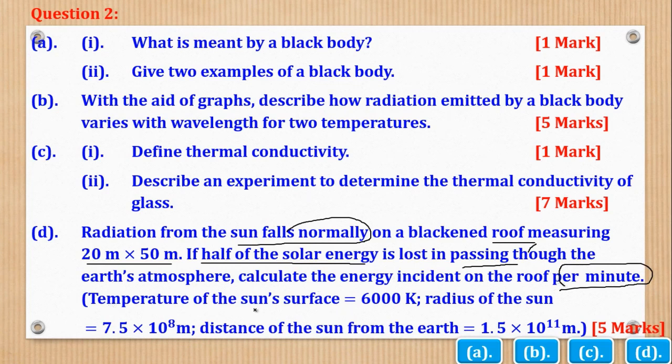In brackets, they give you some constants. The temperature of the sun's surface is 600 Kelvin, the radius of the sun is 7.5 × 10^8 meters, and the distance of the sun from the earth is 1.5 × 10^11 meters.